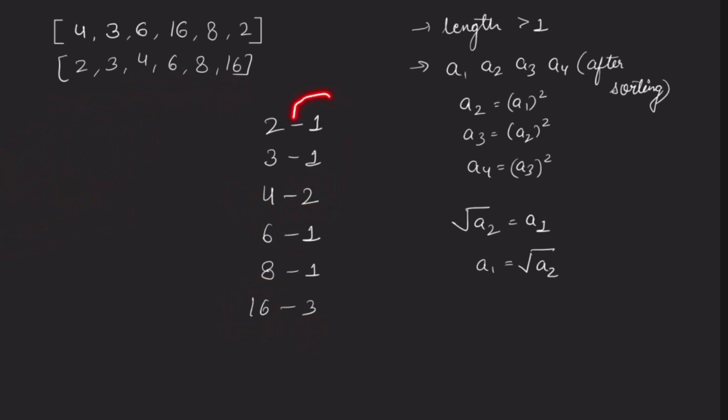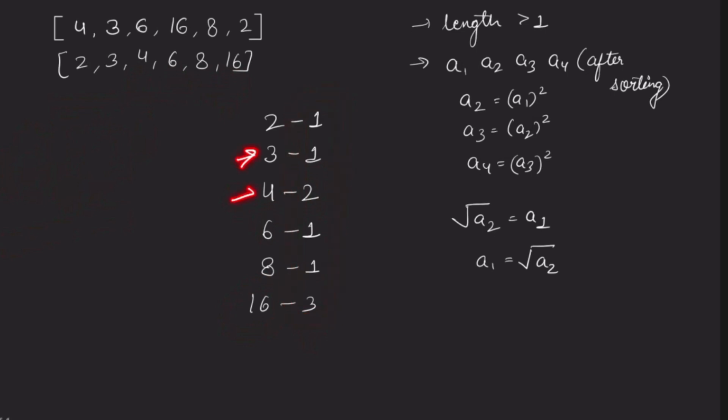Now you know that these are all the lengths of all the subsequences where the last elements are these. Now, if you find the maximum of these, will you be able to get your answer? Yes. So out of these, which one will be the maximum? 3. So we can say that from this array, we can obtain such a subsequence of length 3.